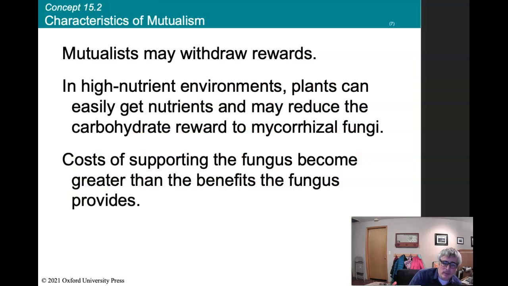The mutualists may withdraw rewards. In high energy environments, plants can easily get nutrients, and they may reduce the carbohydrate reward to mycorrhizal fungi. Mycorrhizal fungi really extend the surface area of the root system, and they're able to bring in more water and nutrients. Well, perhaps under good conditions, you don't need that extra help, so why pay for it?